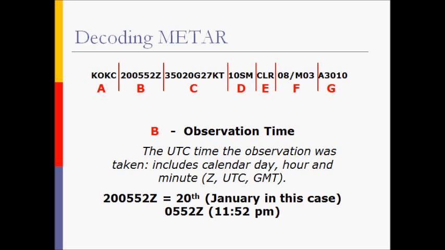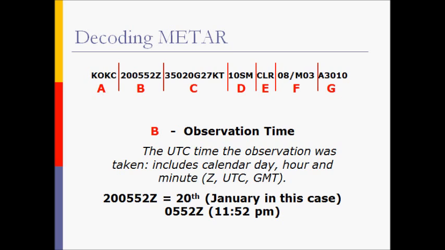So to get the local time in Oklahoma City, you need to subtract 6 hours from the time in Greenwich, England. So 6 hours before 5:52 a.m. would be 11:52 p.m. the previous day.